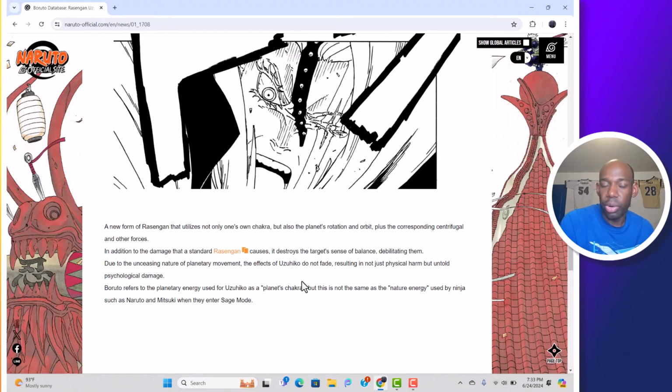And then everyone had to watch out for it. This is what Uzuhiko reminds me of. You see this jutsu, you don't know what it completely does until it's done to you, and it's too late by then. The jutsu has already destroyed you. That's what this really reminded me of.